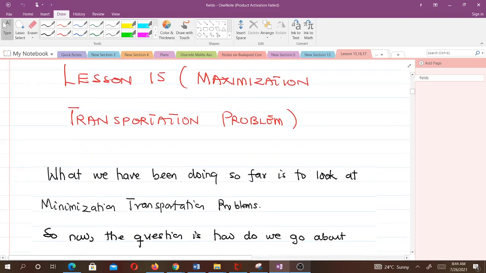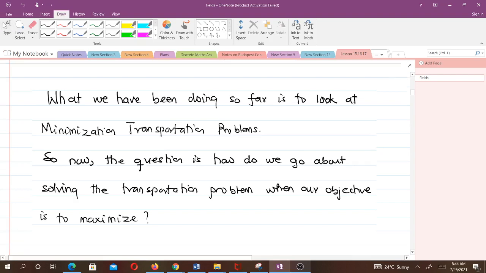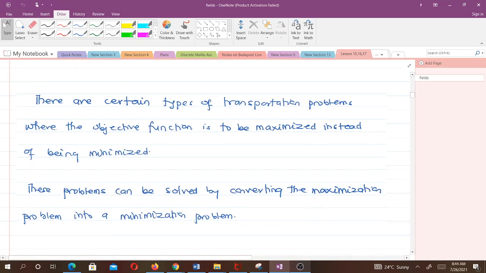What we have been doing so far is to look at minimization transportation problems. So, now the question is, how do we go about solving the transportation problem when our objective is to maximize? There are certain types of transportation problems where the objective function is to be maximized instead of minimized.